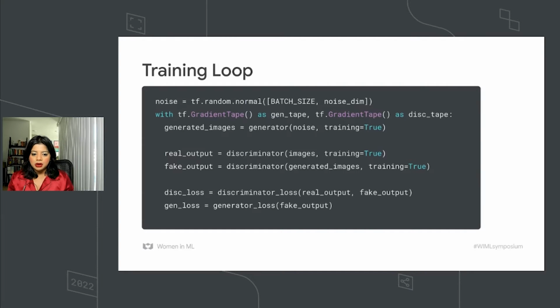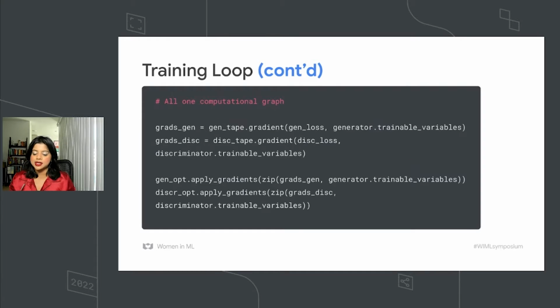Then we run the real and fake inputs through the discriminator to generate the real and fake outputs. From there, we calculate the discriminator and generator loss. And this is also part of the training loop. As you can see from here, we are calculating the gradients to update the weights of the generator and discriminator.